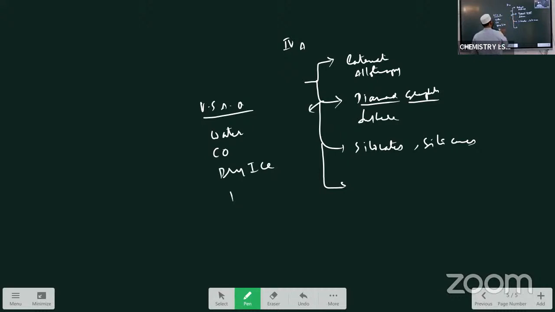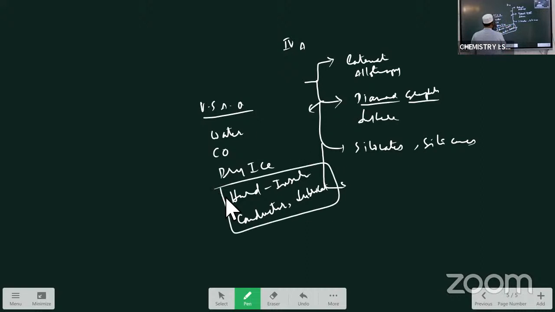Why diamond is hard and it is an insulator of electricity. Why graphite is soft? Why graphite is a conductor of electricity? Why graphite acts as a lubricant, कैसे graphite काम करता? What is the reason? इसके बारे में क्वेश्चन ज्यादा आ रहे हैं, यहाँ से क्वेश्चन ज्यादा आता बेटा.